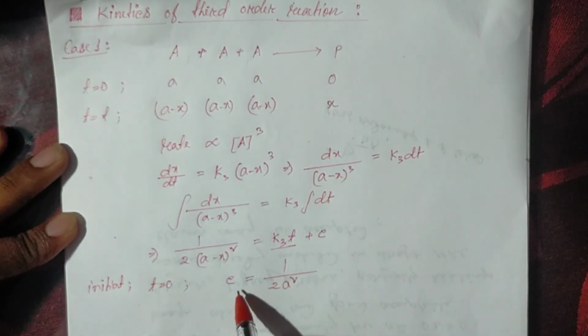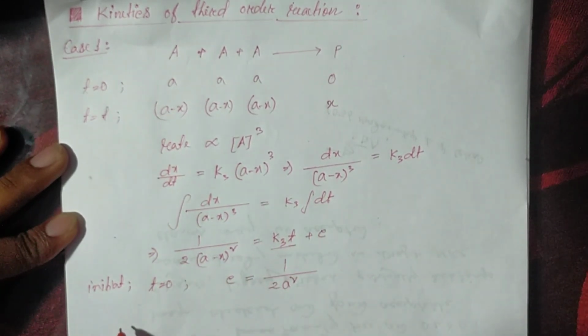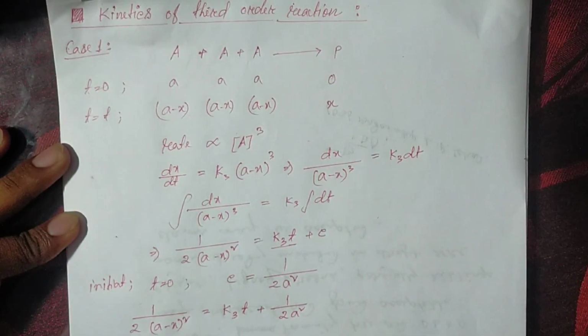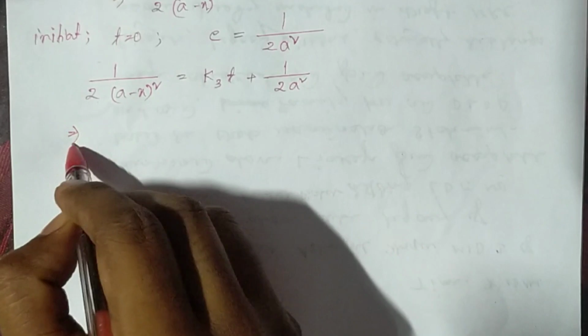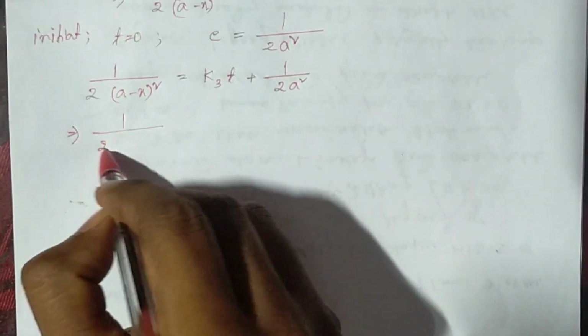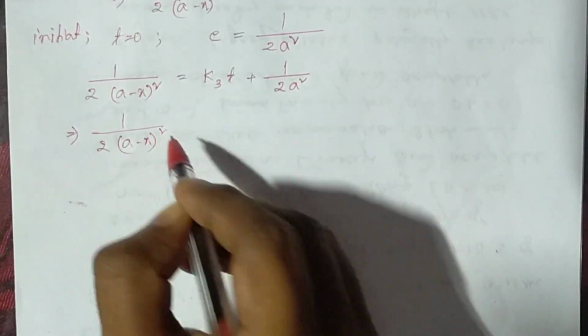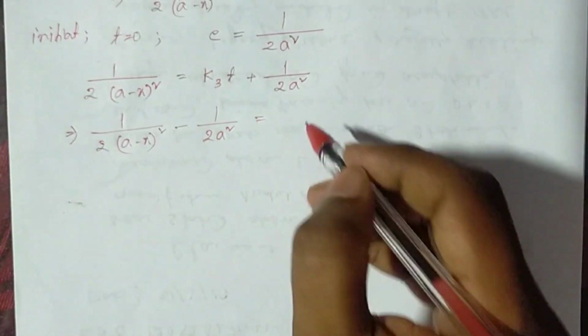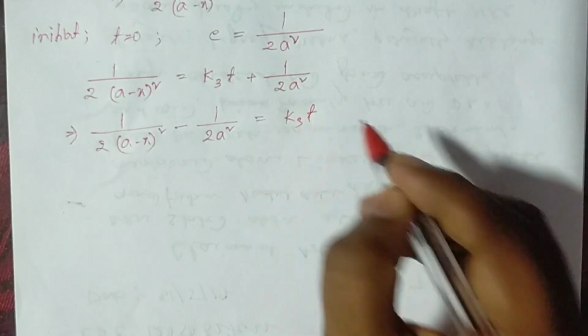When we put this c value in this equation, we obtain 1 by 2 (a minus x) whole square is equal to k3 t plus 1 by 2a square. Now we can write 1 by (a minus x) whole square minus 1 by a square is equal to 2 k3 t.